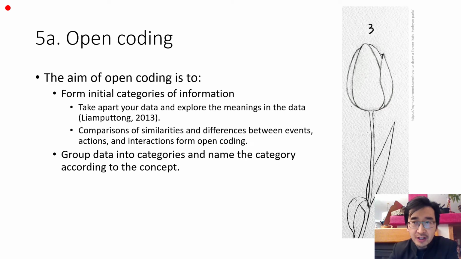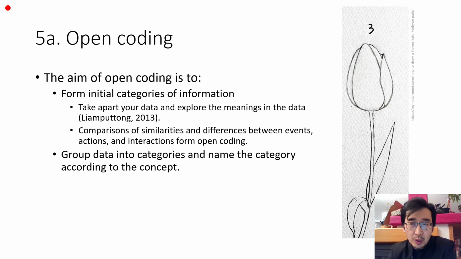You microanalyze it. If you have something like interviews or textual data, you take it apart word by word or line by line and you code that. If you have something like a narrative or ethnography data, then you take it apart segment by segment and analyze that.